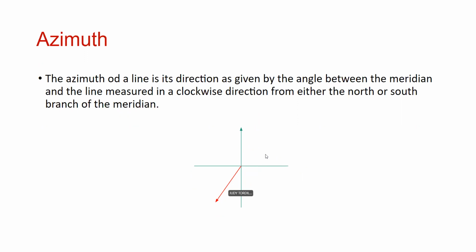Okay? If naman hinihingi is from the south, clockwise ulit. So ito na yung magiging angle natin for the south azimuth. So ibig sabihin, it could be less than 90 degree or it could be greater than 90 degree yung angle ng azimuth natin. Okay? So yun yun.